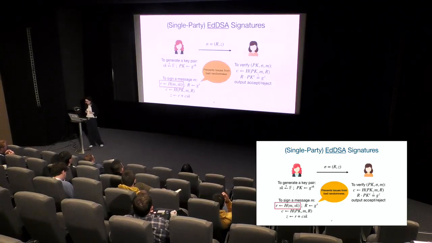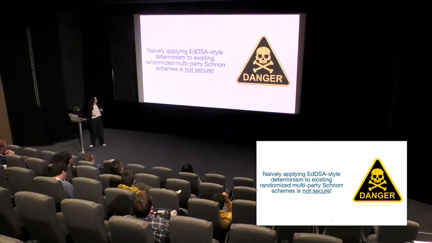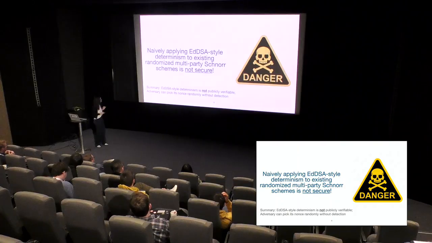But this is something you cannot do, because if you do this naively, it's very insecure. There's a key recovery attack in basically two signing rounds. The main issue is that it's not publicly verifiable. Your honest parties might follow those steps honestly, but your adversary could derive their nonce randomly, and you wouldn't be able to verify that the dishonest party followed the protocol.